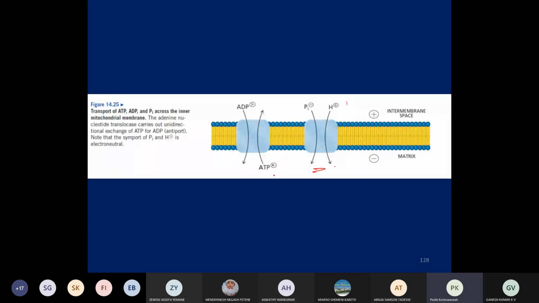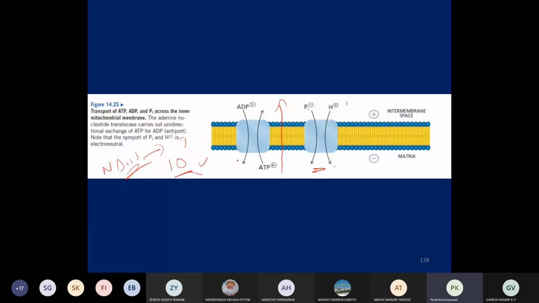So for the formation of one ATP molecule, when one NADH molecule is oxidized, 10 protons are translocated.